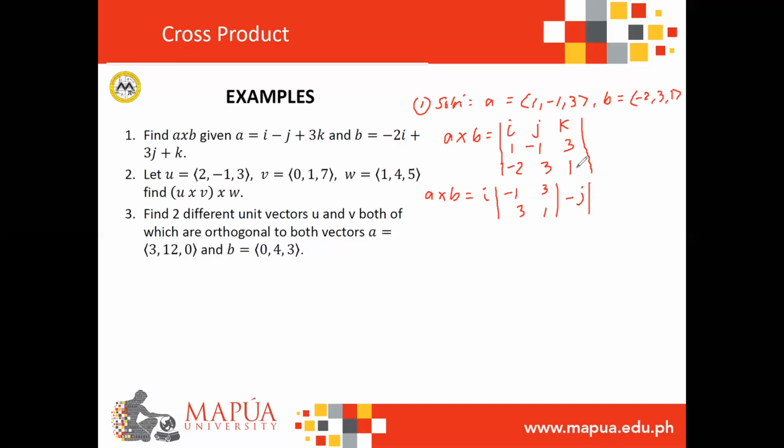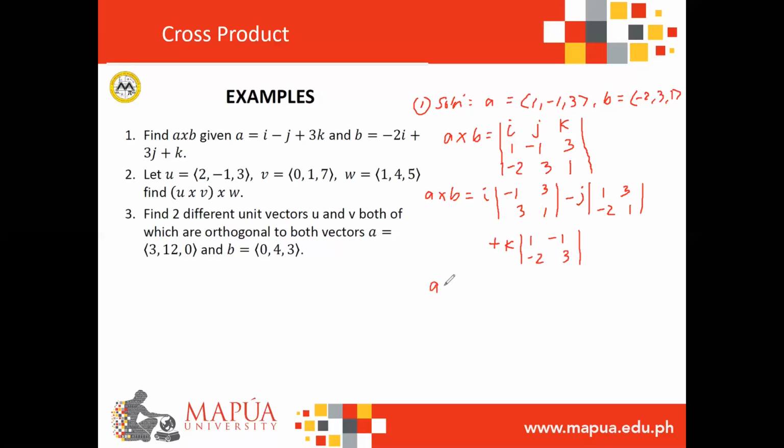Then define the submatrix by deleting the row and column containing j. So the submatrix is 1, 3, negative 2, 1. Then we have plus k. So we have the submatrix by deleting the row and column containing k. So 1, negative 1, negative 2, 3.